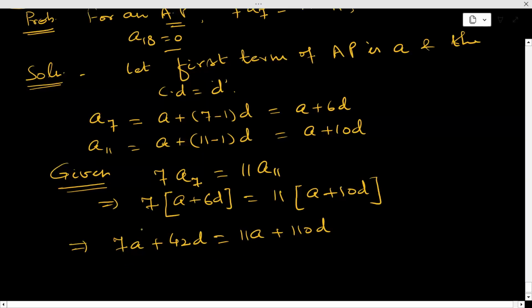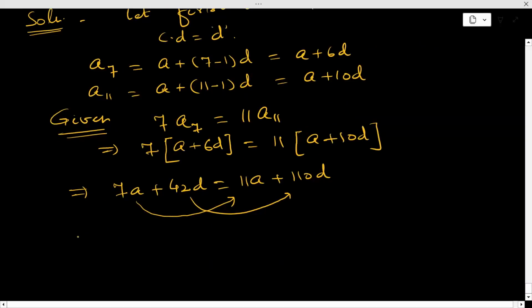Now we transfer these terms and collect the terms of a in one bracket. Here we have 7a with a plus sign, so when you transfer it to the right hand side it is minus 7a. We have 110d minus 42d, and we have 0.